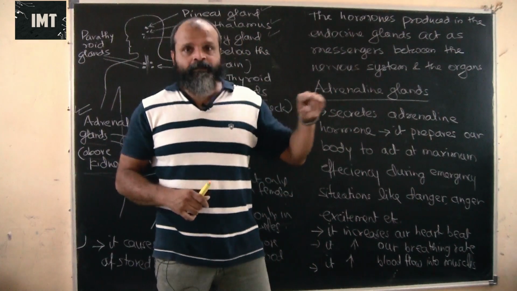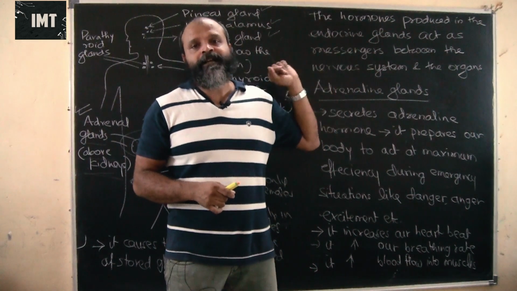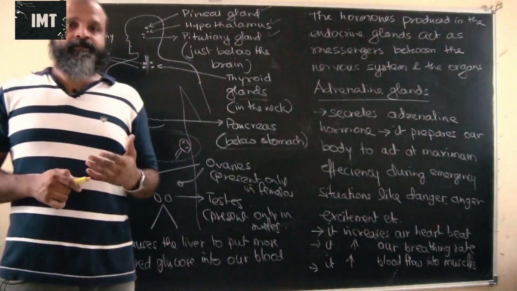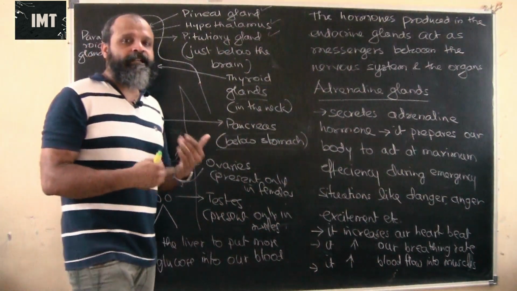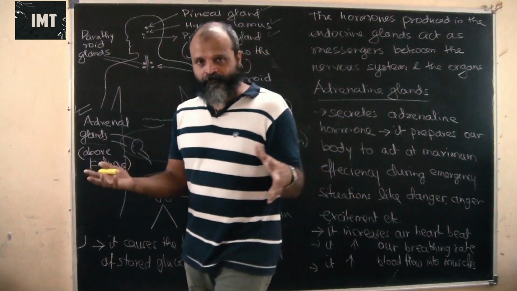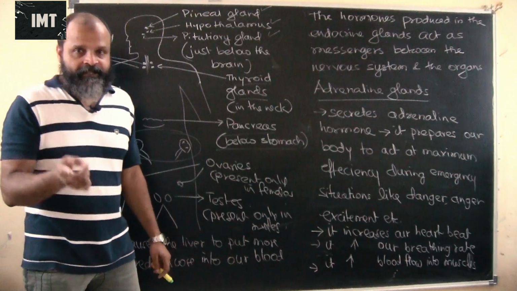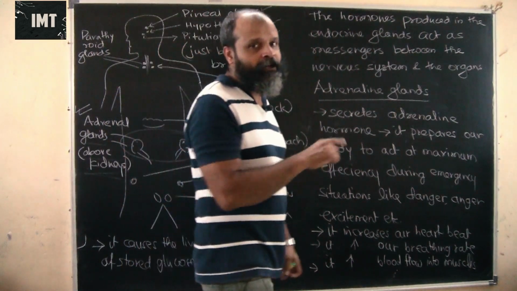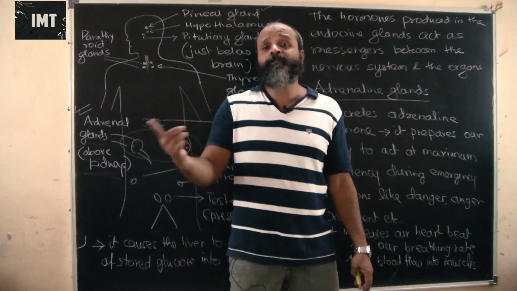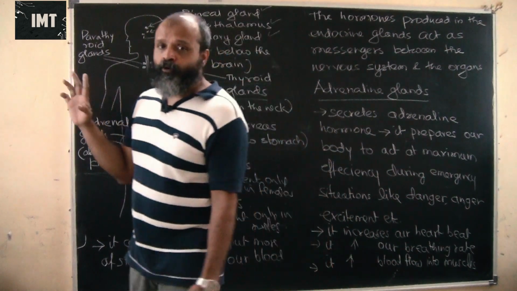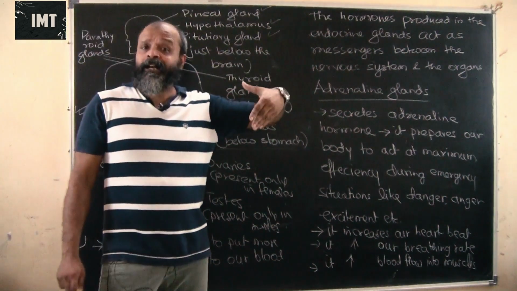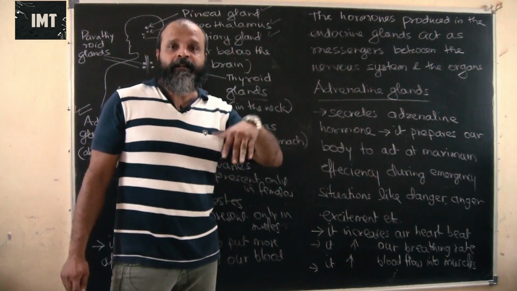So the purpose of the endocrine system is to release certain hormones or chemicals which increase the message carrying capacity of our nervous system, whether it is a message from the receptors to the brain or the spinal cord, or from the brain or the spinal cord to the motor neurons or the effector muscles. The rate at which the messages are carried increases.